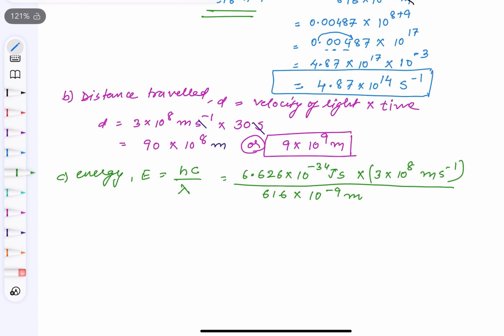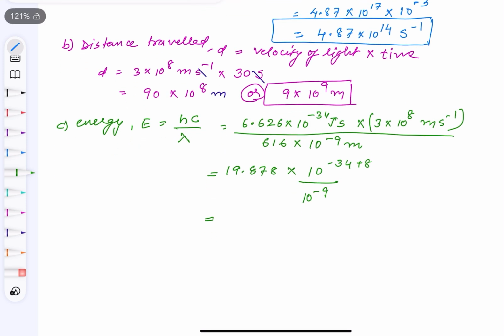Now calculate this. You multiply 6.626 with 3. You will get 19.878 and try to find out the value for 10 to the power of minus 34 into 10 to the power of 8. We add the powers of 10, so we have minus 34 plus 8. And in the denominator we have 10 to the power of minus 9, and 616.